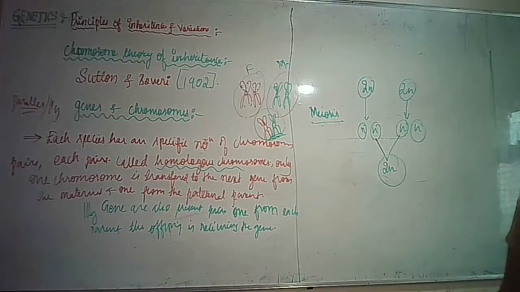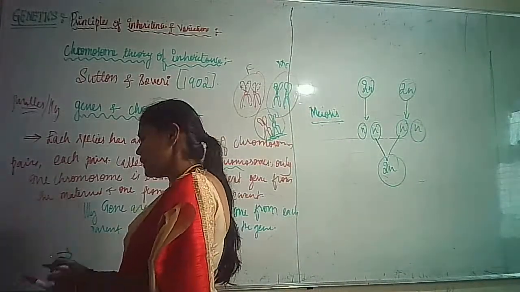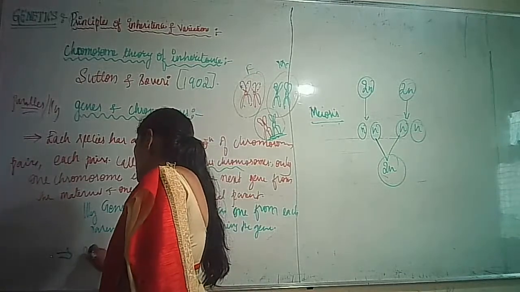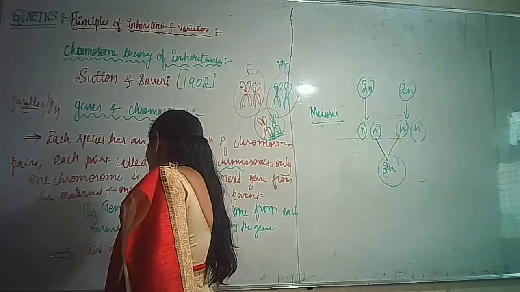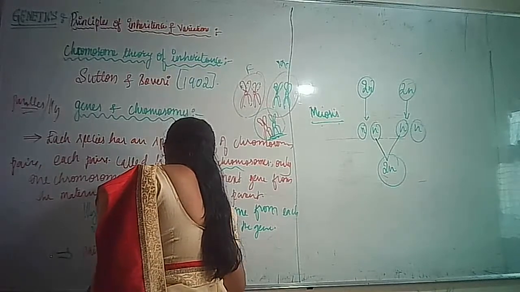Here you can also see that the pairs are assorted independently.